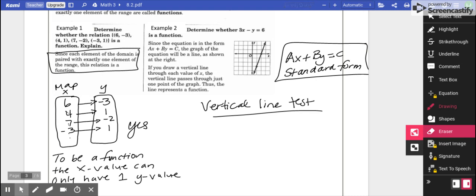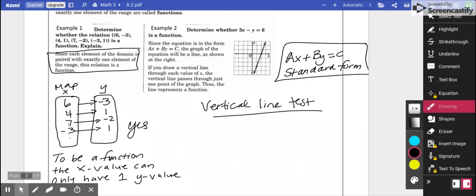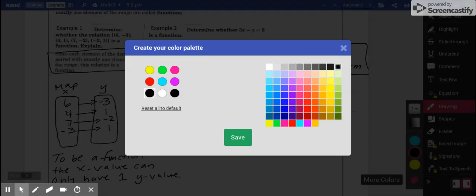So if I'm looking at this particular line, what they're saying is I can pick any spot on this. Let's do a different color. We'll do purple because I like purple.